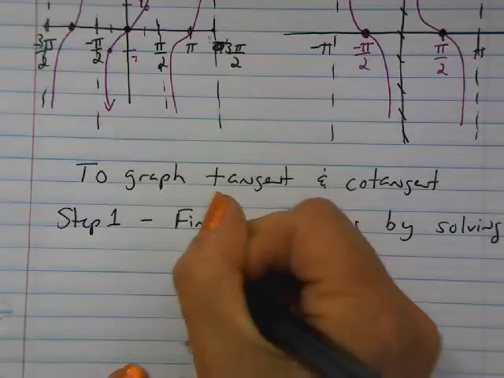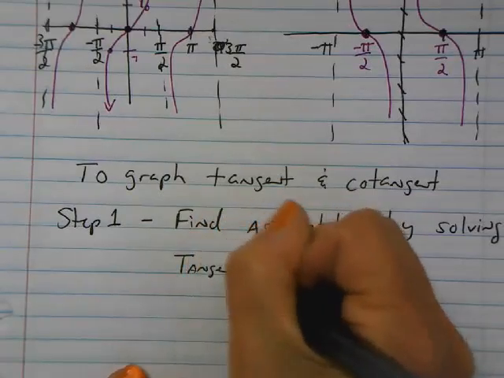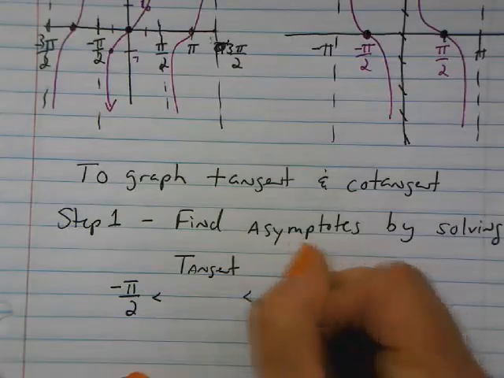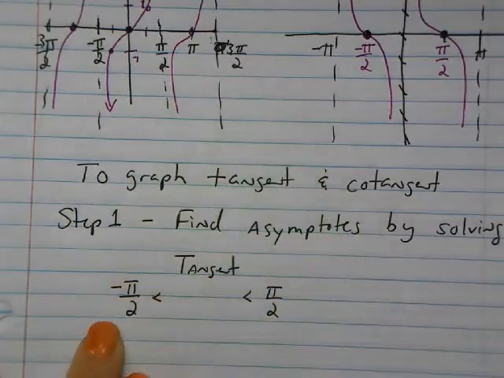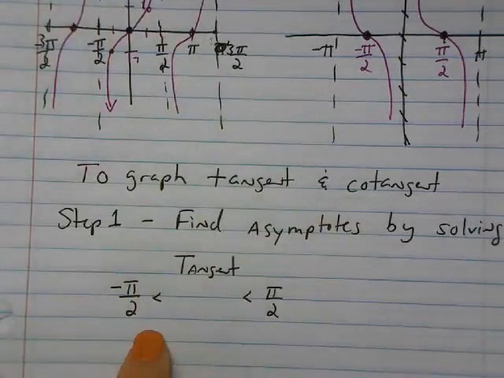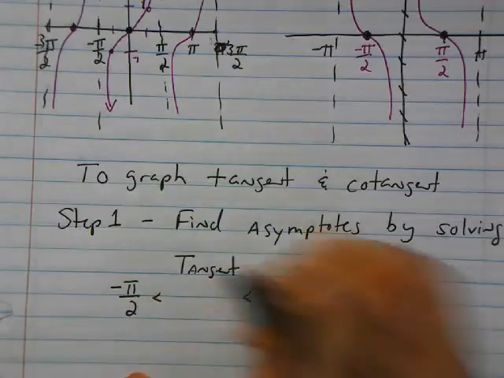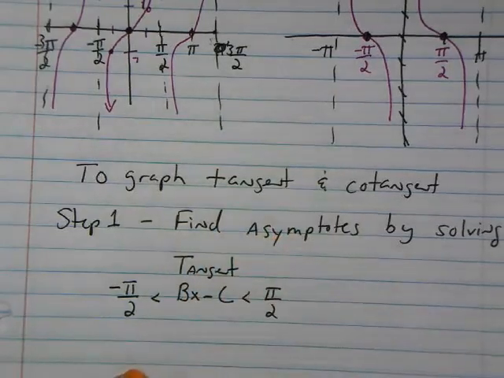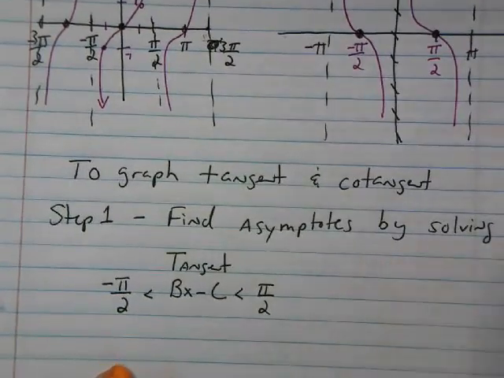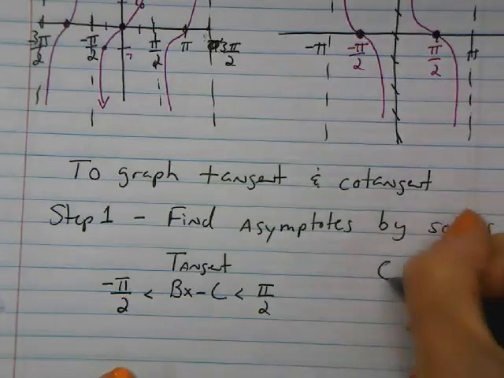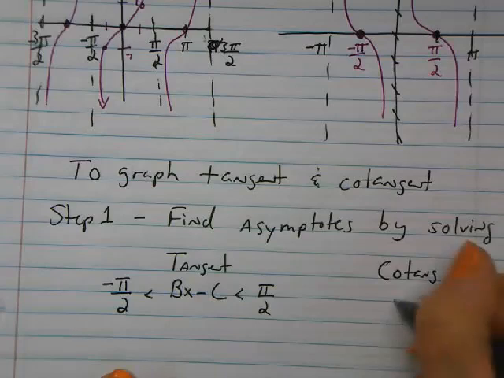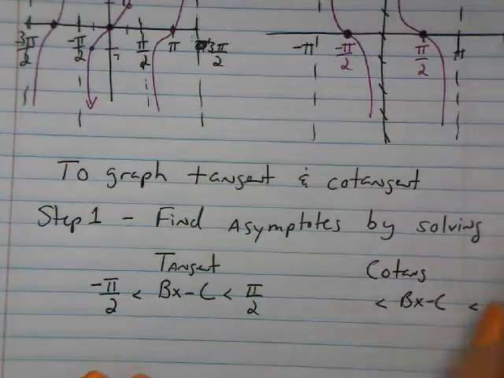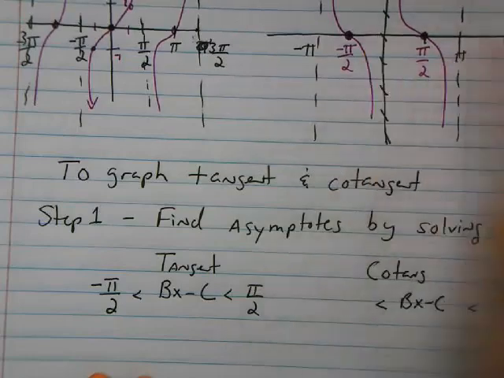If you have tangent, you're going to say negative pi over 2 is less than, because pi over 2 is where the typical curve has its limitations. And in the middle, you're going to put bx minus c, and then solve for it. For cotangent, again bx minus c is in the middle, but the typical limitations are 0 and pi.